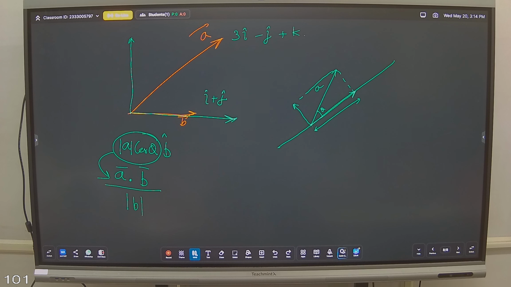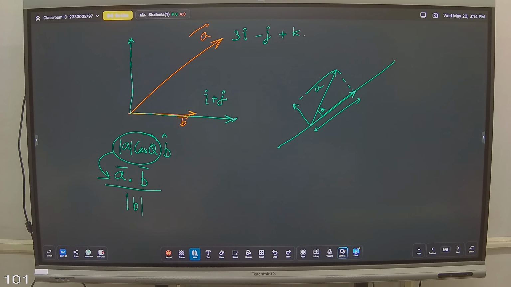What is that? I asked you to find the vector representing the component. Could be. Mod A cancels. So you will get this as this part, and then B cap is this much. B cap is 1 by root 2 into I plus J. But then that is the same as B vector. This is equal to B vector.